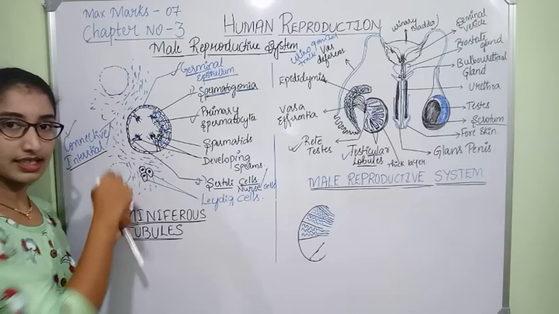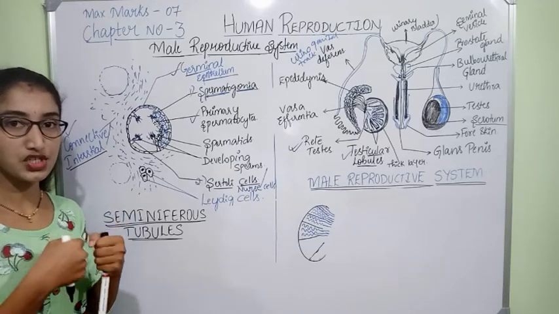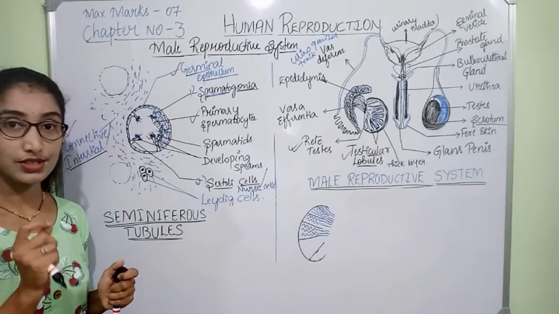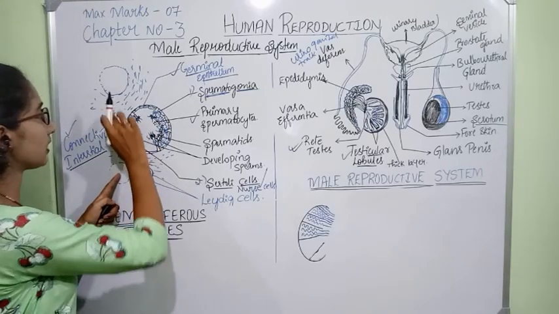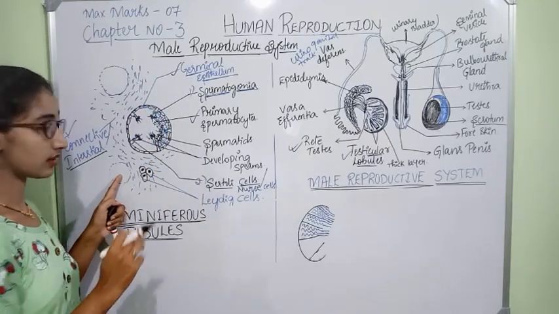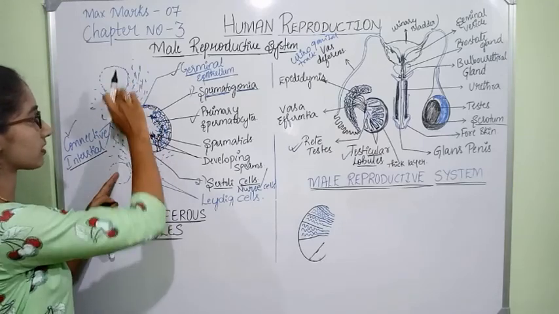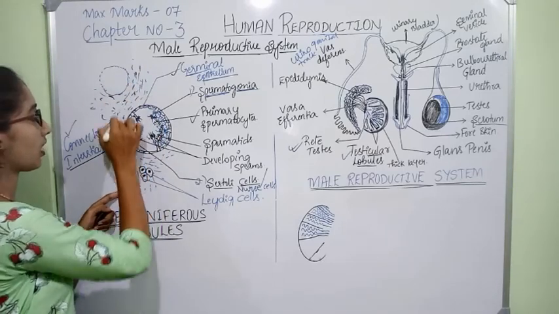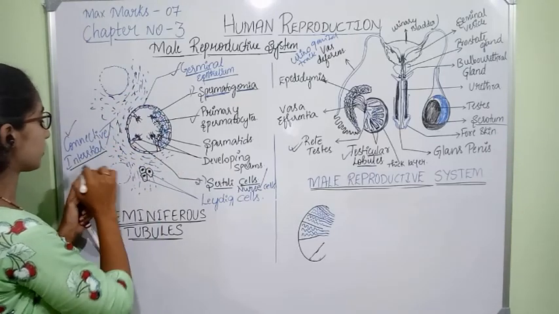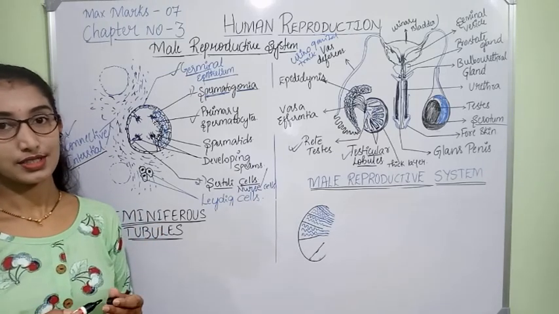They are giving bonding or connection between the different seminiferous tubules. The tissue which is present on the external surface, between different seminiferous tubules, is called connective tissue or interstitial tissue.